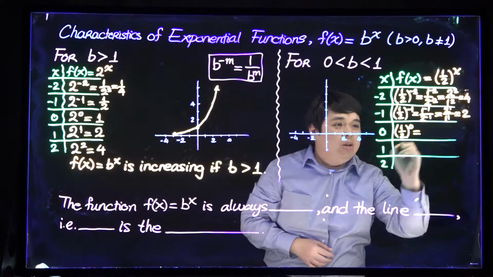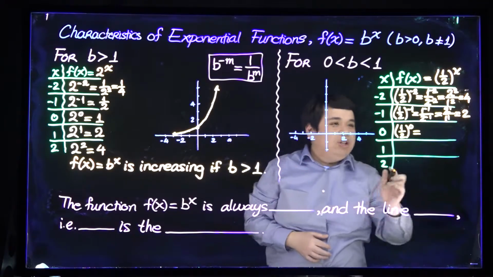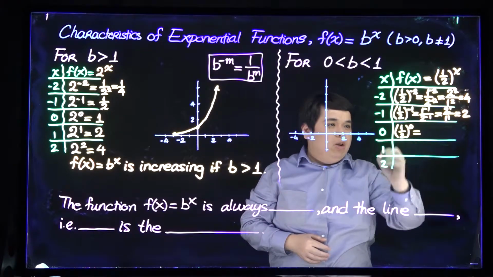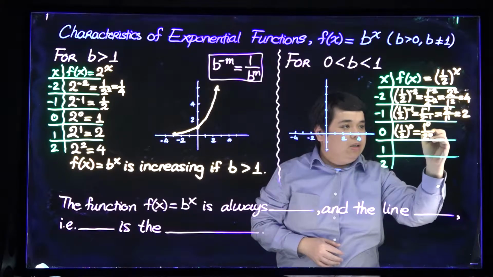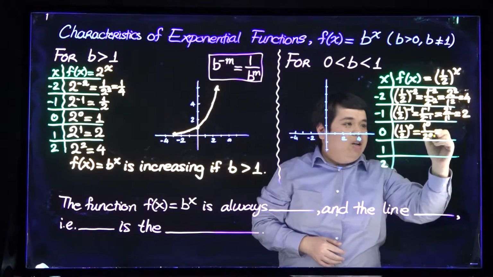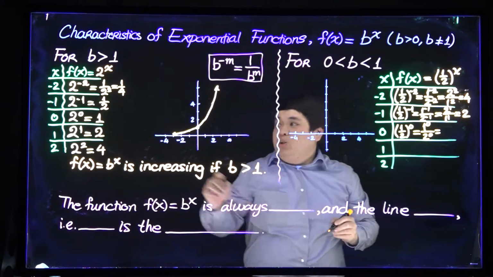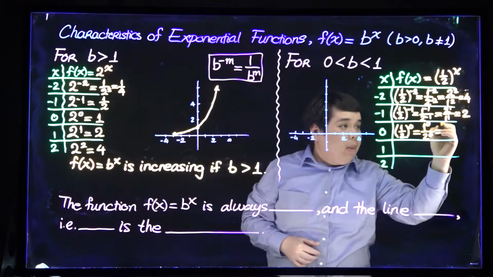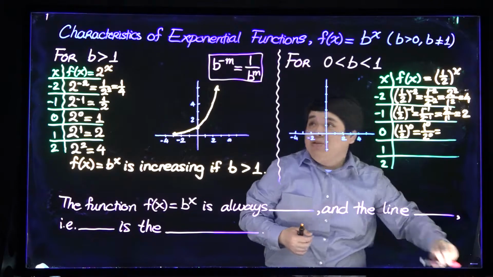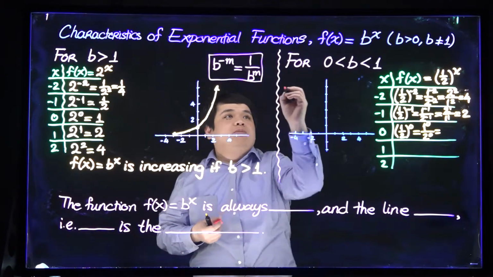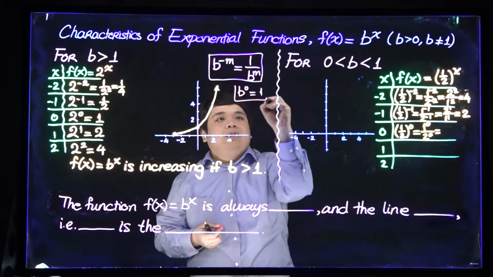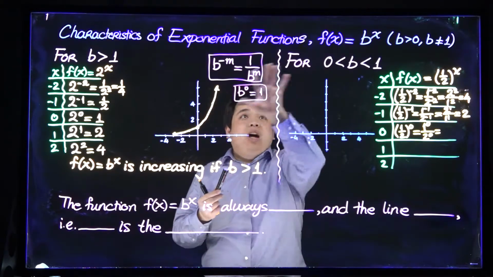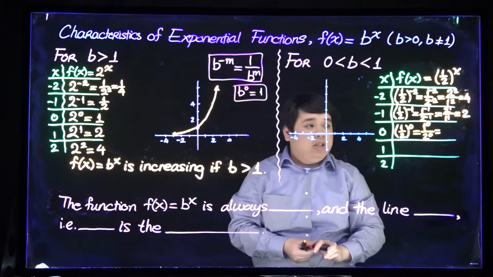1/2 to the 0 power. We can do the same thing: 0 to the top, 0 to the bottom as the power. That's just 1 over 1, because everything to the 0 power is 1. That applies to all the bases.